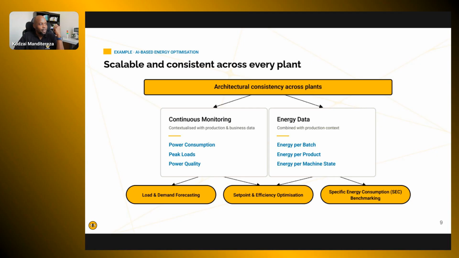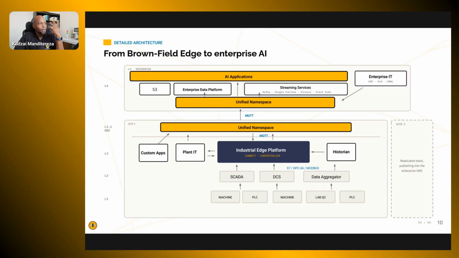So now, just before I hand it over to Martin, let's look at what that detailed architecture looks like. For those of you who may be wondering, okay, this is well and good, but how does that actually map to my existing infrastructure? What you're looking at here is your typical ISA-95 functional hierarchy model from L1 to L4. You've got your L1 systems, your L2.